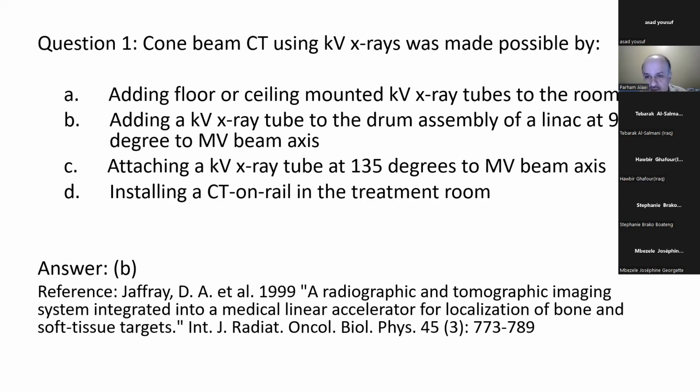Answer A is essentially BrainLab or CyberKnife. D is just a regular CT scanner, and C, I don't have a slide of that in this presentation, but it was one of the first attempts to get kV imaging on a LINAC, attaching a tube at 135 degrees to the MV beam axis. But B is the correct answer.